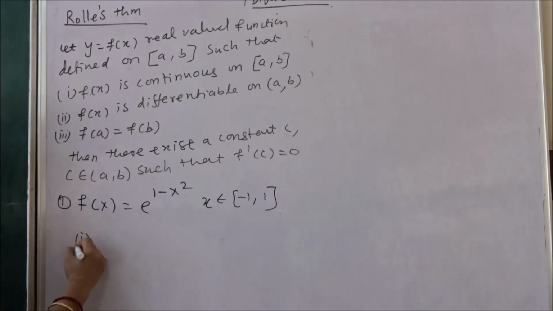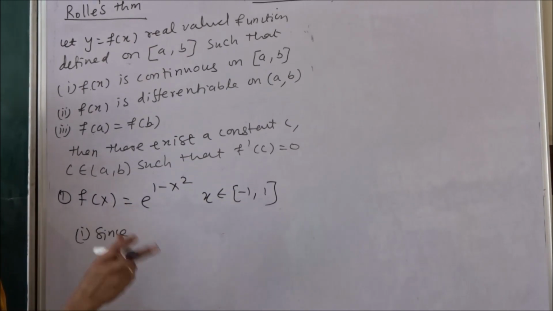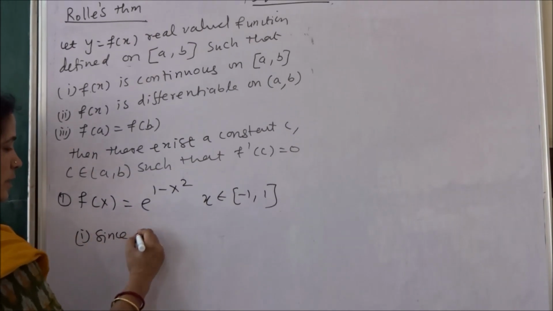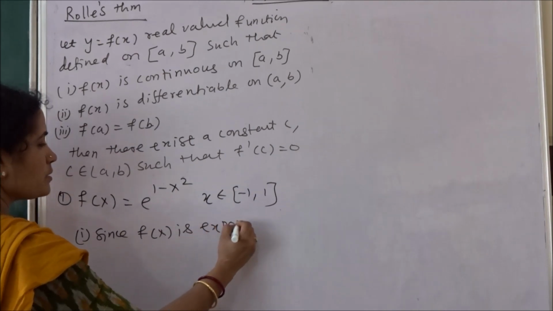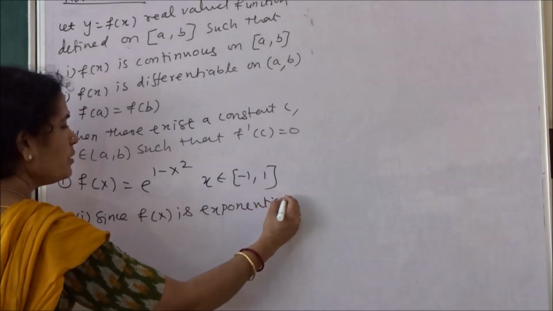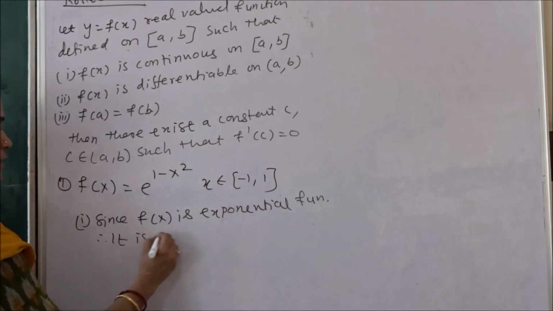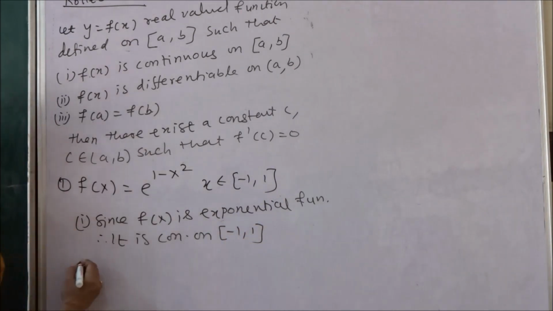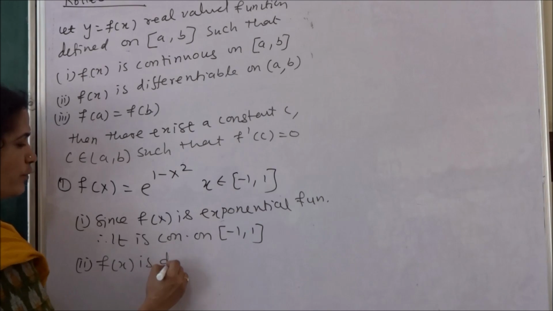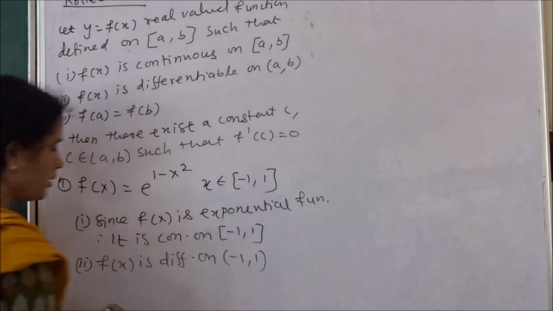Condition number 1: since f of x is an exponential function, and I already told you exponential is continuous, it is continuous on the closed interval minus 1 to 1. Number 2: f of x is differentiable on the open interval minus 1 to 1.